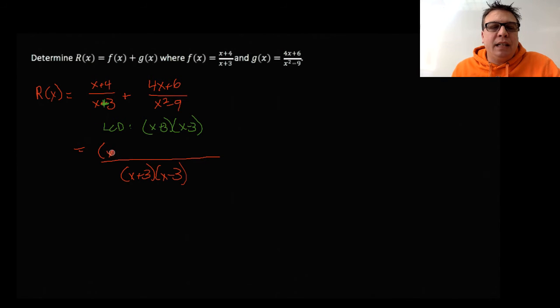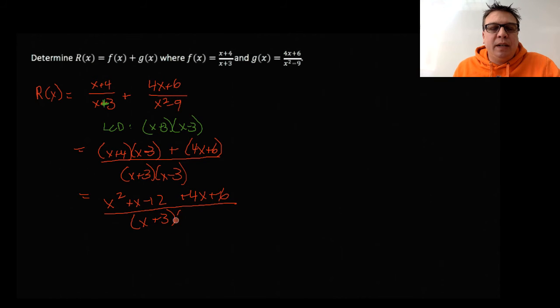So I've got x plus 4, and then I introduce the x minus 3, plus the stuff that was already here, 4x plus 6, because this denominator is good to go. Now let's multiply this out. This is going to be x squared plus x minus 12, and then we're going to add 4x plus 6, and all of this is divided by the x plus 3 and the x minus 3.